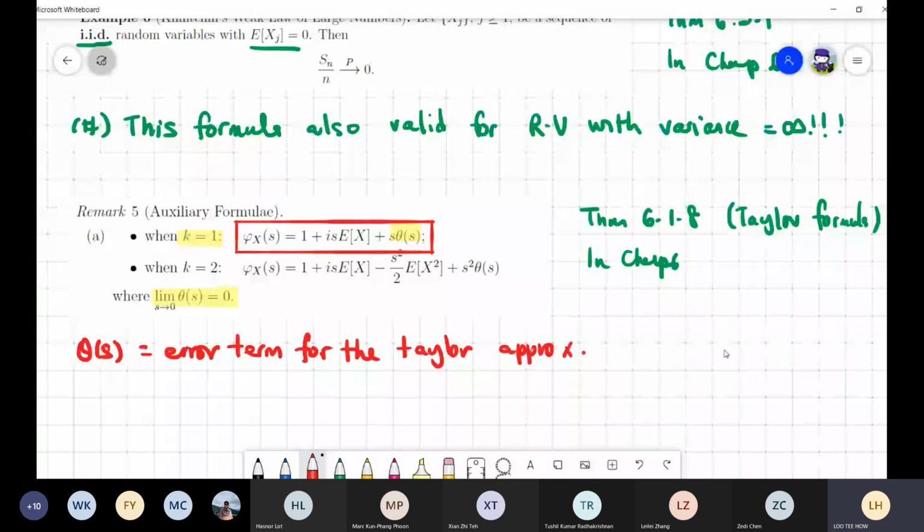So you may put it this way: φX(s) is the actual value, 1 plus isEX is an approximation, and this is the error term, the difference between the actual value and the approximation. We shall look at this second version, the k equals 2 formula, later. At this moment we only need this part.